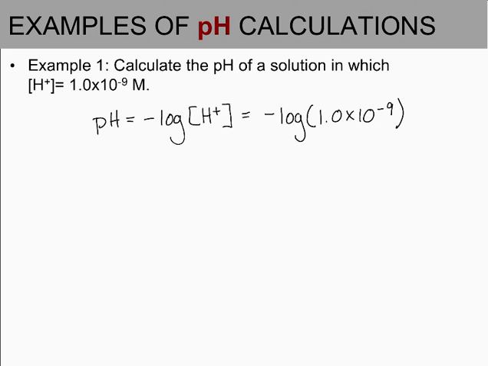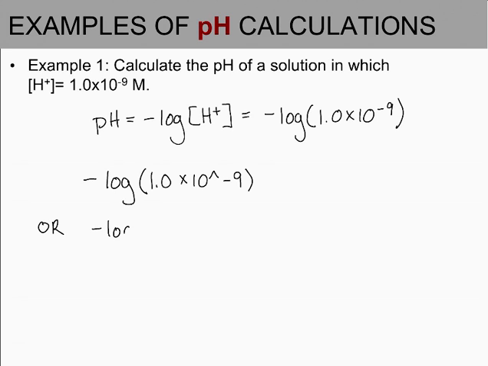In your calculator, there's a few different ways you can do this. It kind of depends on your calculator. So most calculators, you can just type in negative log, and then parentheses will pop up. And then you can type in 1 times 10 to the negative ninth using the caret symbol.